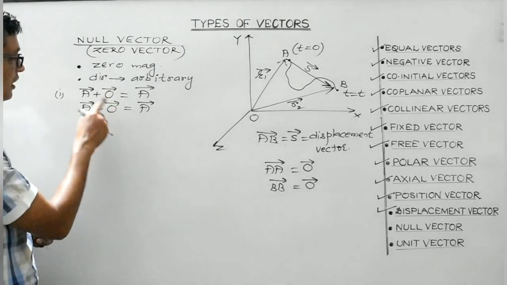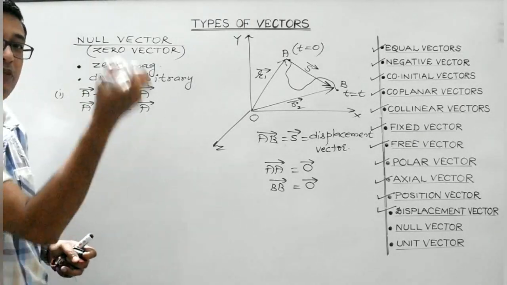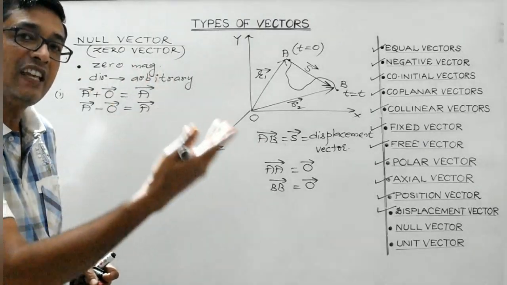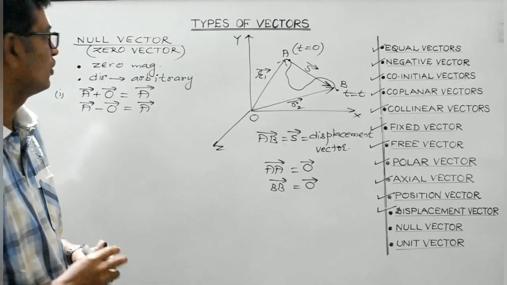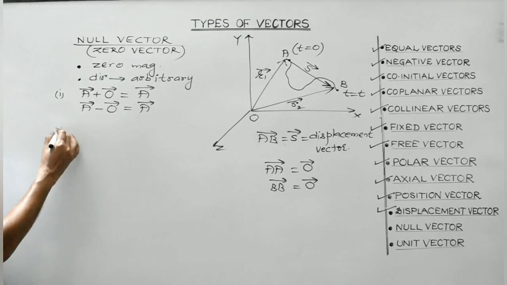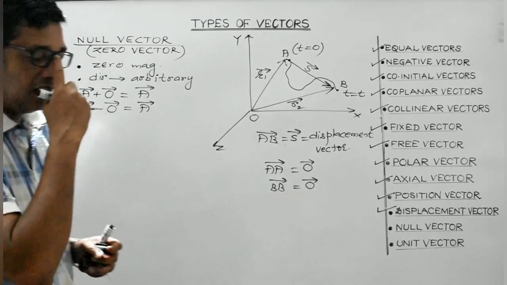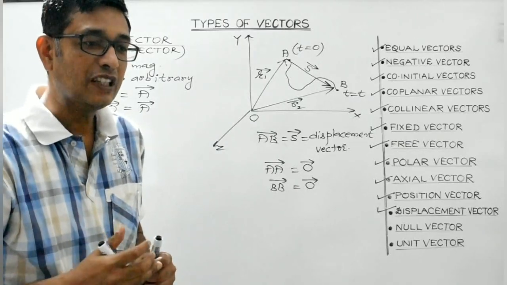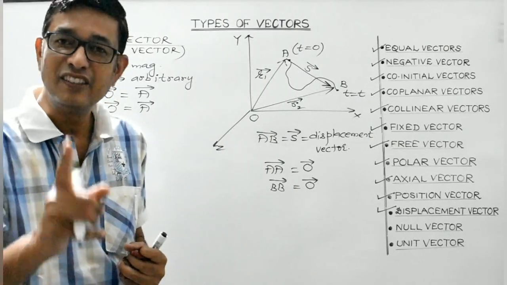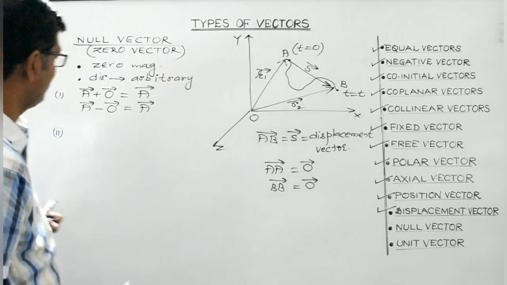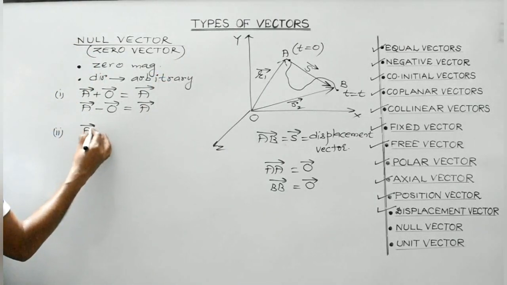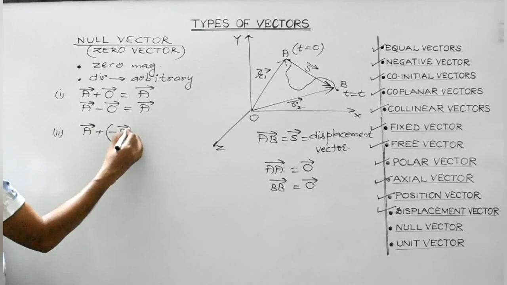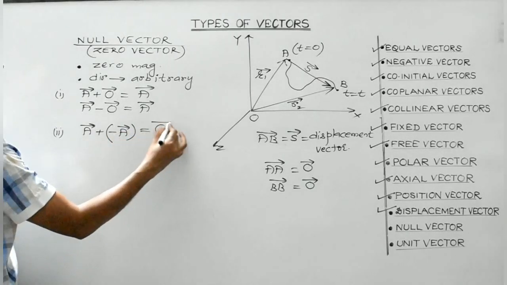So a null vector, when added or subtracted from a given vector, will result in the same vector. Clear, students? Second, when a vector is added with the negative of its vector, then the resultant is a null vector. That is, A vector plus its negative vector, written as minus A vector, will be equal to null vector.